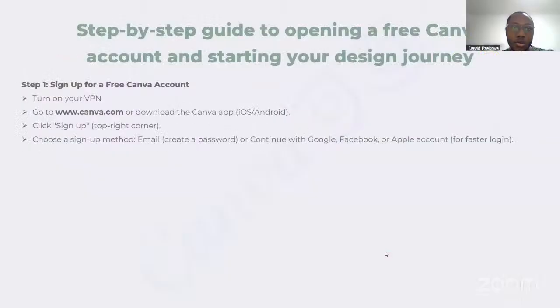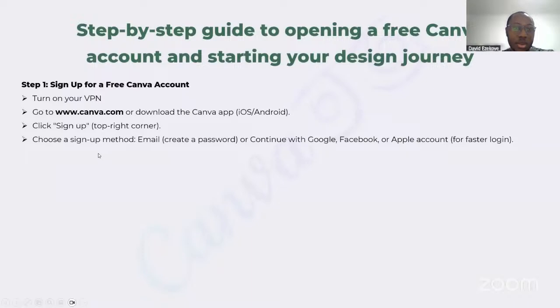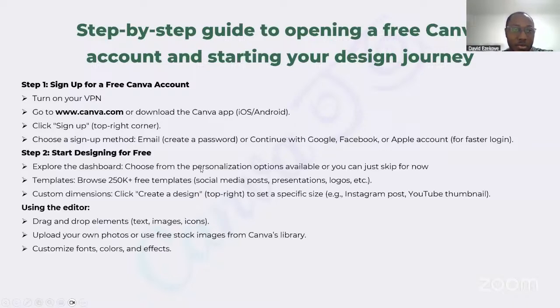Like I said before, if you don't have Canva, go to www.canva.com. Click sign up on the top right corner. You can choose to sign up with your email address, or you can continue with your Google account, your Facebook account, or your Apple account, whichever is applicable. And then you can start designing for free.